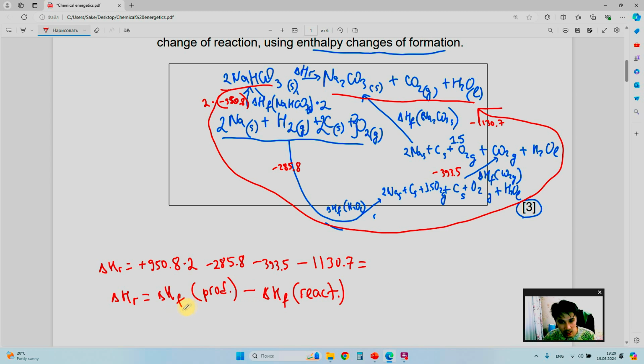You have definitely seen this equation before, so you simply can take enthalpy changes of formation of products and subtract enthalpy changes of formation of reactants from products, and you'll get the same answers here.